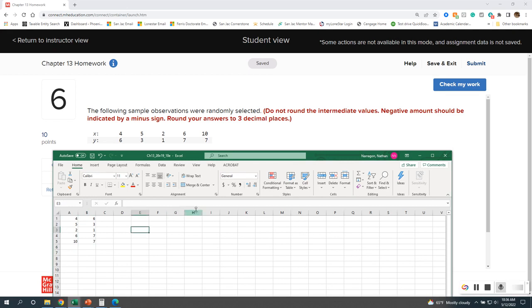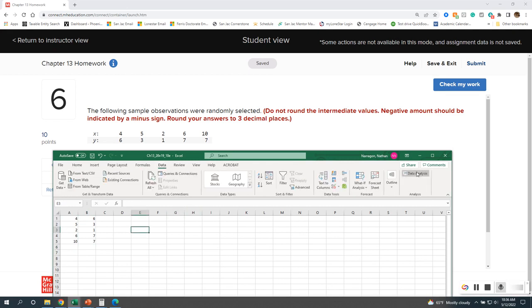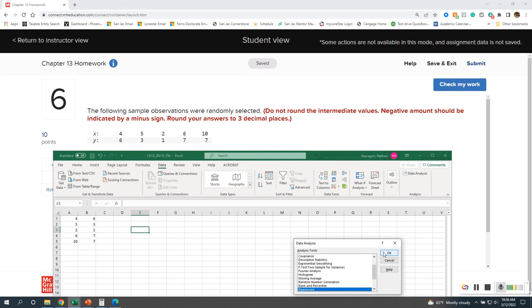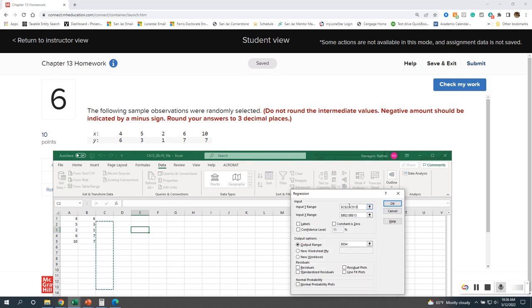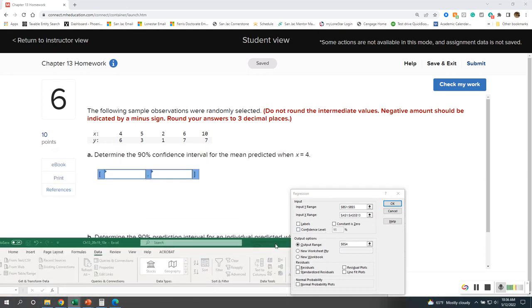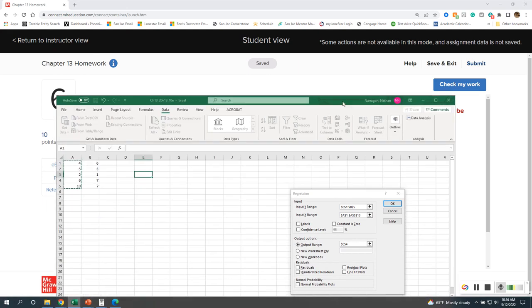Okay. Let's go ahead and put in our data. Data analysis, regression. Y range is there. X range is there. Now notice that it does have confidence level. This should match what your confidence interval is.